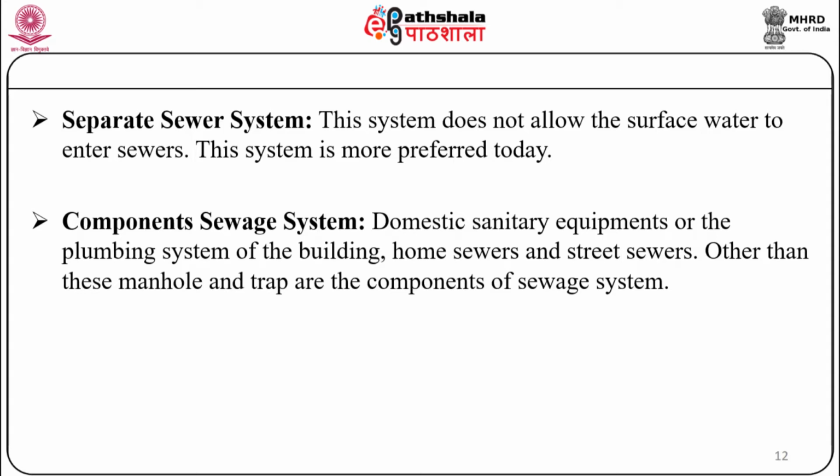In any urban area, proper disposal of sewage implies that the sanitary equipment or plumbing system of the building, home sewers and street sewers should be correct, because many times we find that in many areas there is overflooding because of the sewers, and that causes public nuisance, and that becomes a challenge for the municipal corporations.